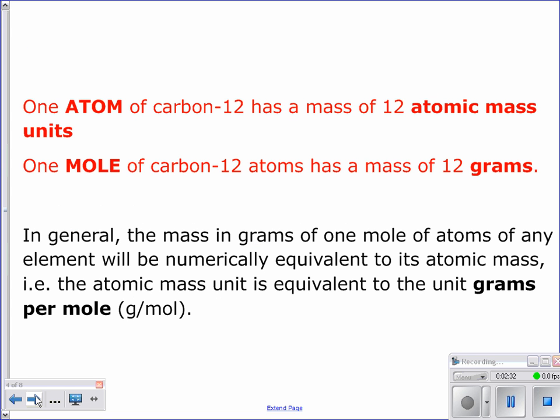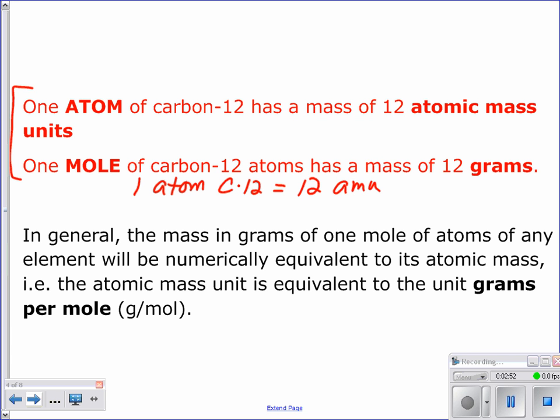Again, you do not have this on your notes, but I'm going to sum this up. Maybe you want to write this down: 1 atom of carbon-12 has a mass of 12 atomic mass units.